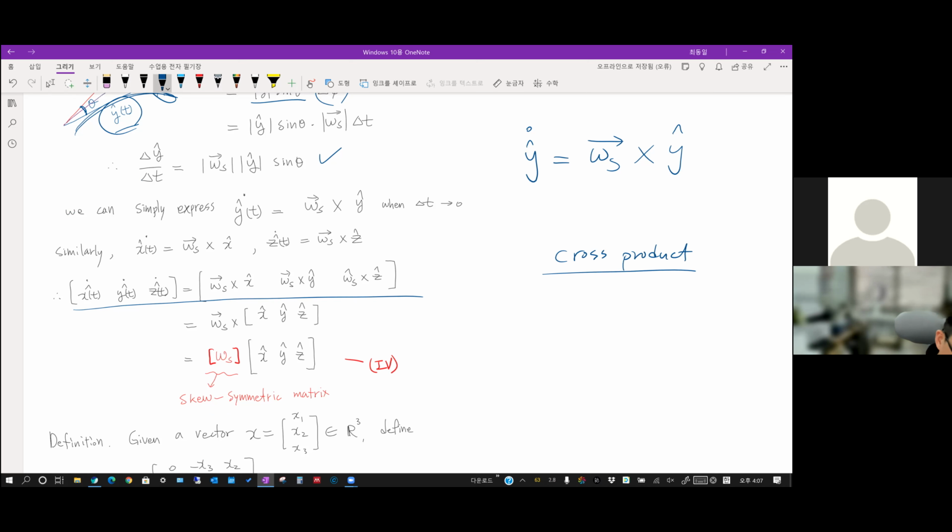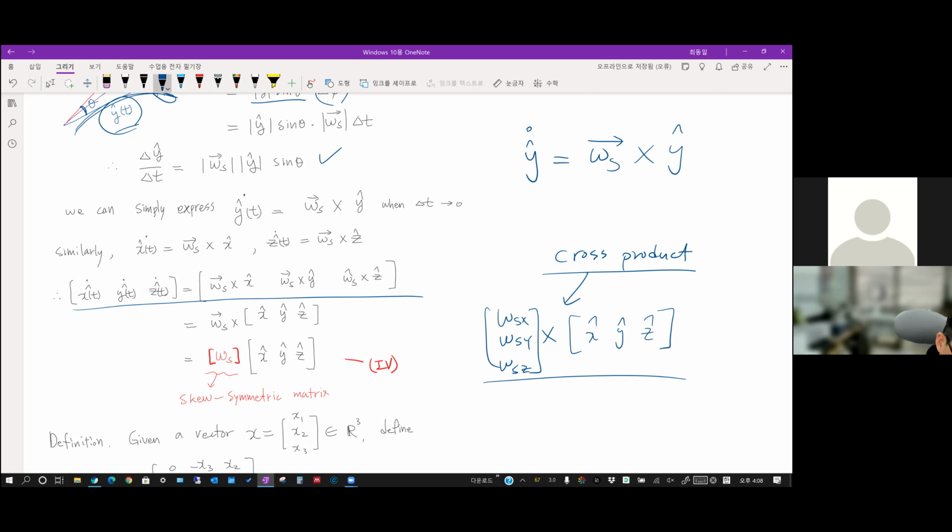there are two methods. One is omega s x, omega s y, omega s z cross product x hat, y hat, z hat.